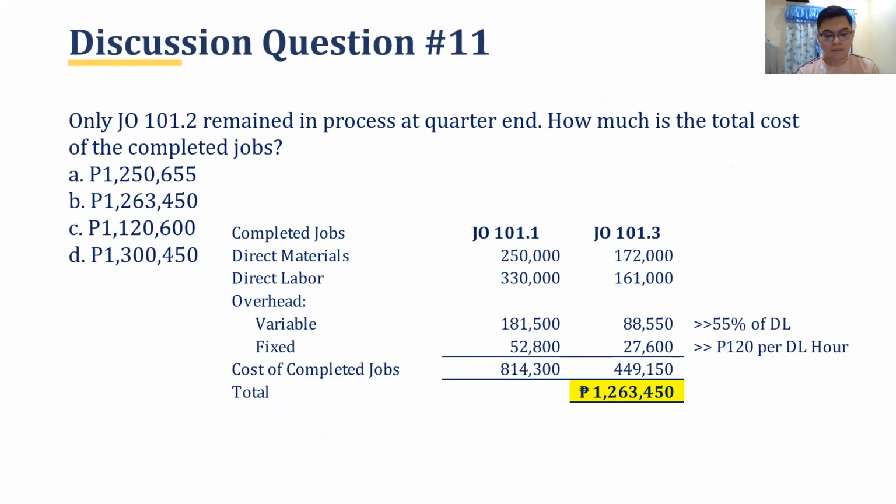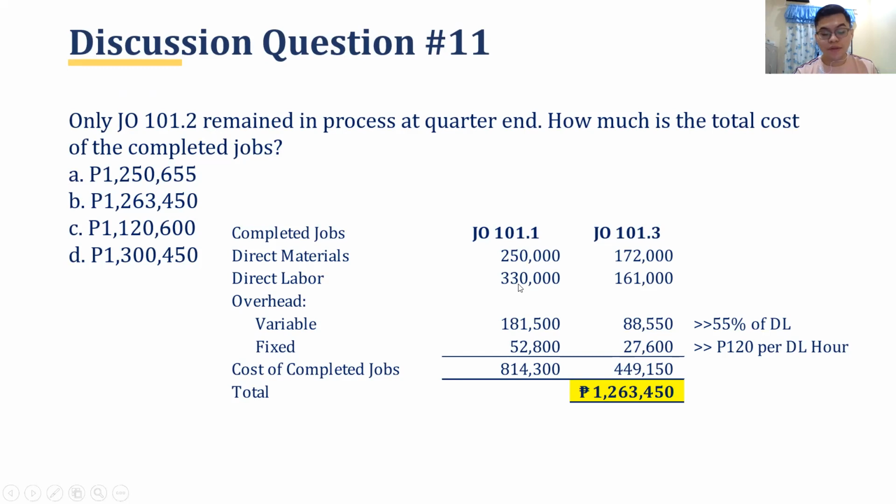Madali lang. Ito. For number 11, check muna natin si 101.1. Direct materials, copy mo lang, 250,000. Tapos si direct labor, 330,000. Now with your overhead, you check the application. Una with the variable portion, that's 55% of direct labor cost.